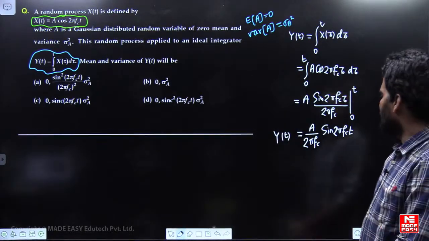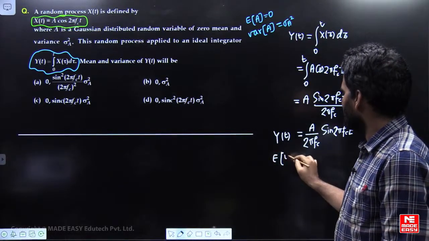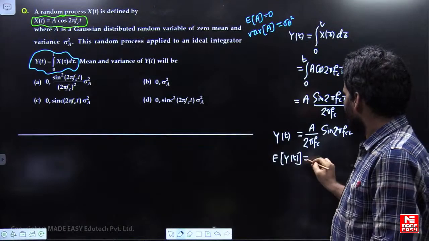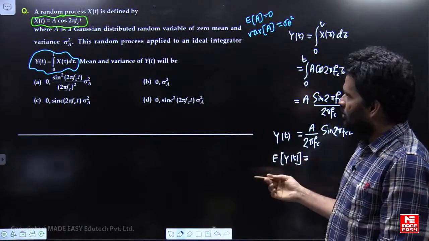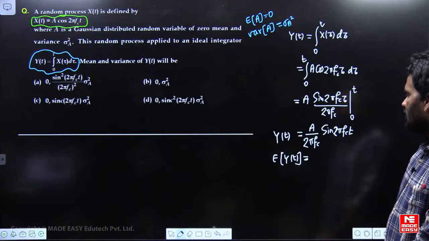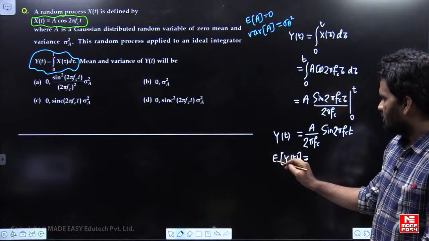Now we need to find the mean and variance of y(t). What is the expectation of y(t)? Here A is the only random variable; except A, everything else is a deterministic quantity. I am finding the mean at a specific time instant.